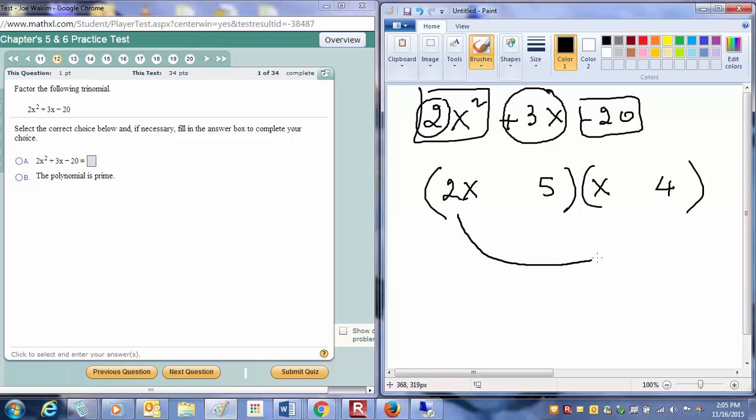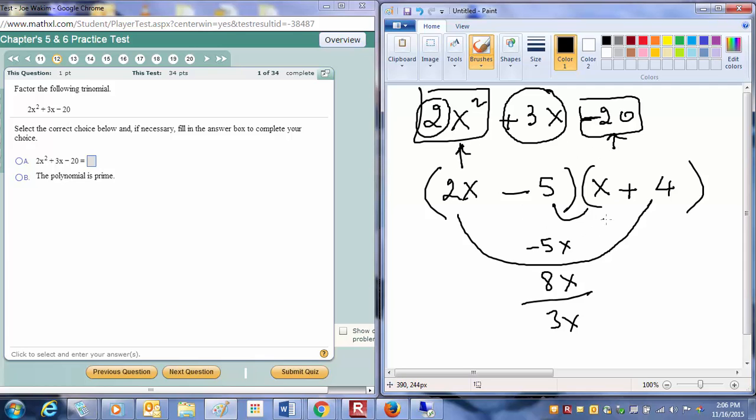Now 2x times 4 is 8x, and minus 5x, that's going to give me 3x. So because this is minus, I'm going to have minus plus. Minus times plus is minus. And notice that the outer is going to give me plus 8x, and the inner minus 5x, and the sum is plus 3x. So always try to work on the first term, then the last term.